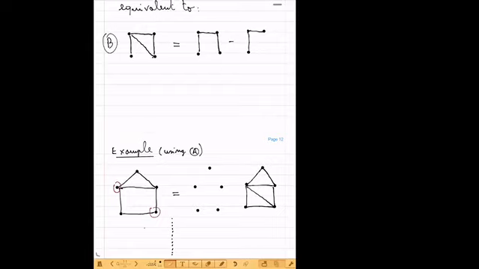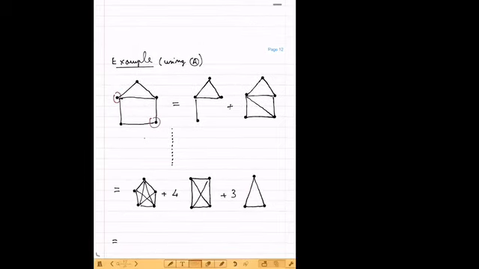When I identify the vertices, this vertex gets identified with this one, so I still have this and this, but now this edge goes away. Plus, if I continue applying property A to the remaining graphs, step by step, you end up with this.